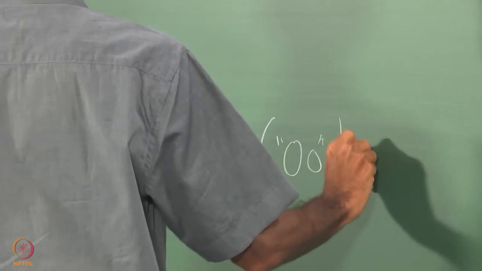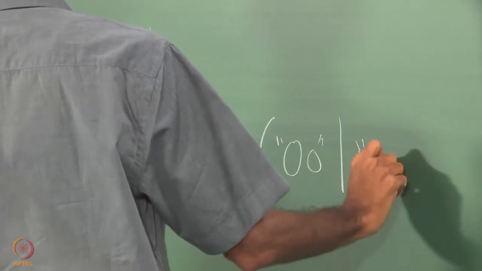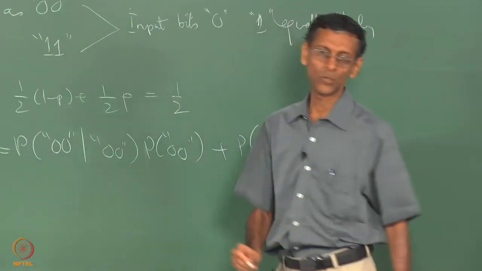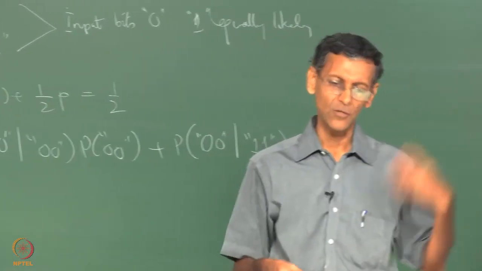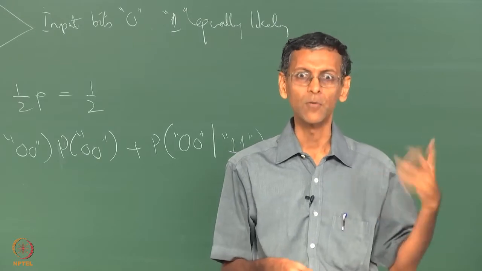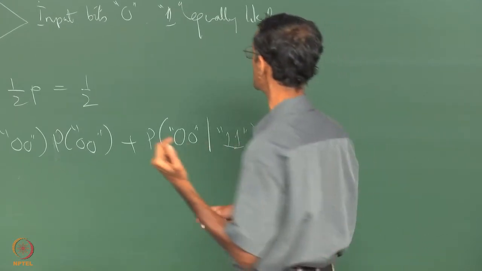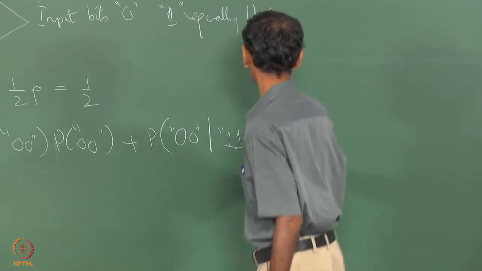You can also get it with 1 if the bit were 1, but you do not have the combination 0 1 or 1 0 at the input, because each bit is being doubled before being sent, right.